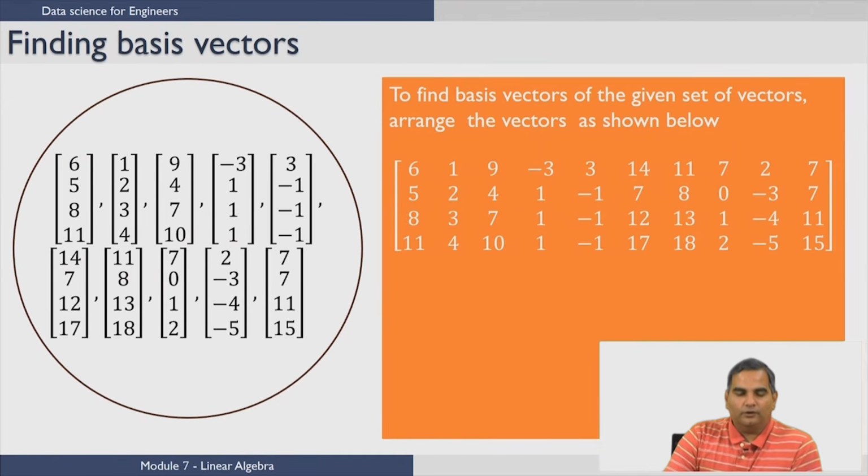Now, what I want to know is, if you give me these vectors in R4, how many basis vectors do I need to represent them? In the previous slide, I had already shown you what the basis vectors are, and then shown how I could generate many linear combinations of just 2 in R4 to get a subspace.